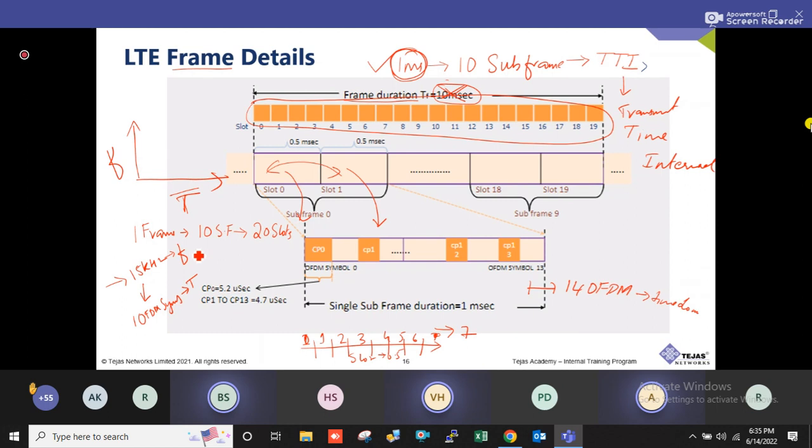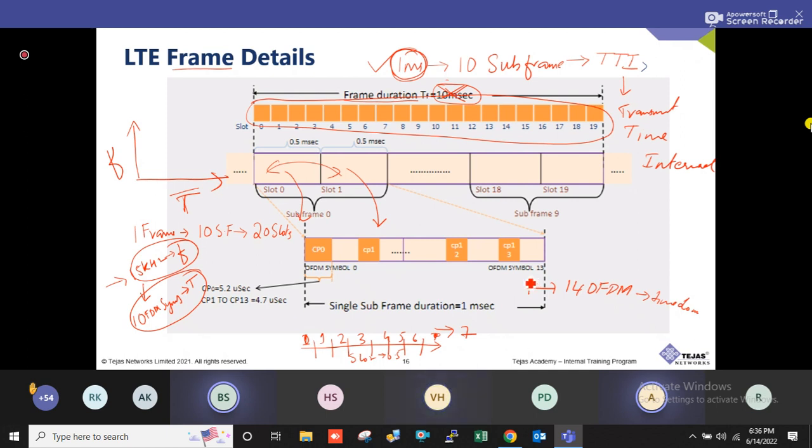Whenever we are talking about LTE, we have to talk in 2 dimensions. One is frequency domain, another one is time domain. In the time domain, the smallest unit is the symbol. There are 14 symbols available in one subframe, or what we call the TTI duration. Okay? Any doubts in this?